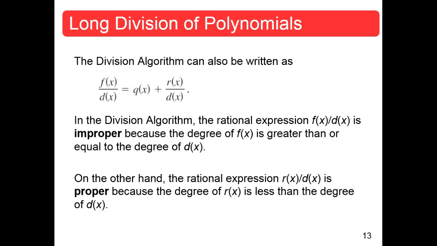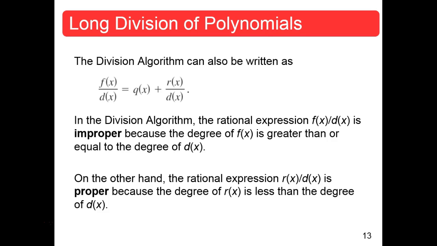Take the improper fraction 17 over 3, because 17 is greater than 3. But if you wrote that as 5 and 2/3, then it would be a mixed number, and 2/3 would be a proper fraction. Okay? For rational expressions, improper means the degree of the numerator is greater than or equal to the degree of the denominator, which it has to be to do your division.